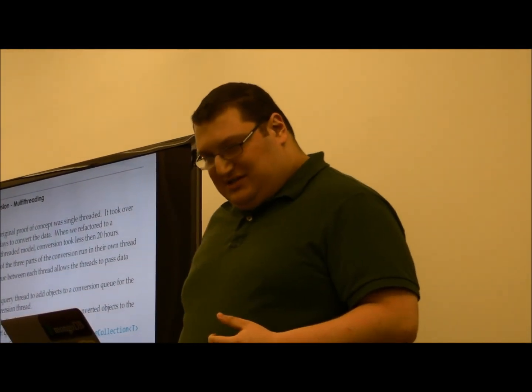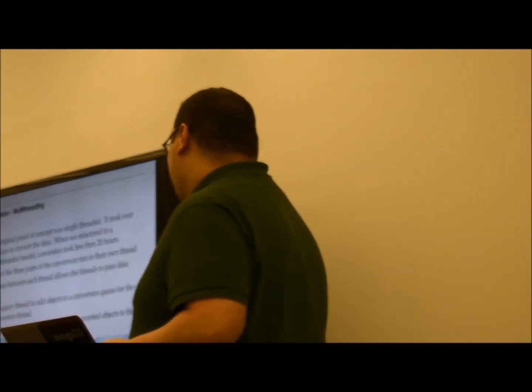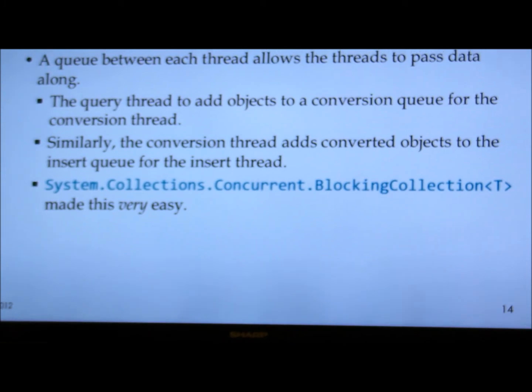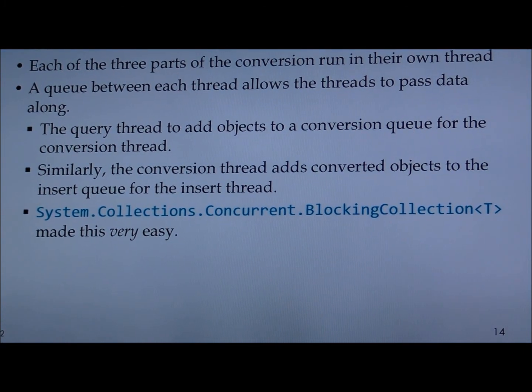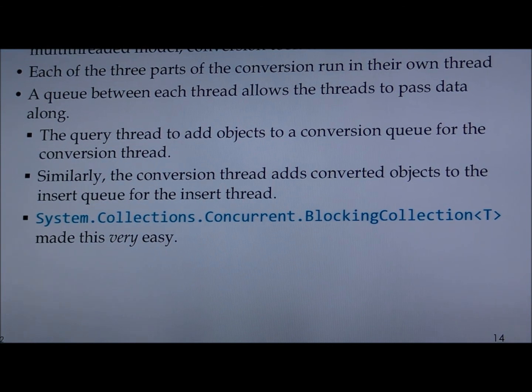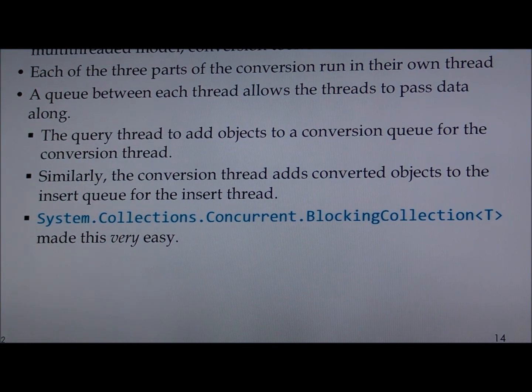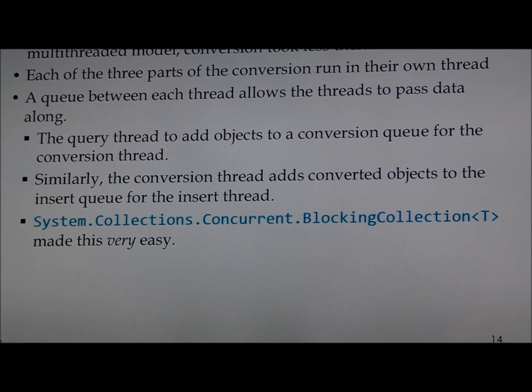The other thing is, if you're in the .NET world, this object, System.Collections.Concurrent.BlockingCollection of T, is the godsend of this conversion, because that was the queue object in between the threads. Blocking sounds like a dirty programming term, like people don't want blocking things.